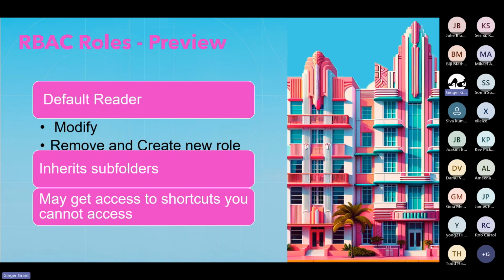And if you have subfolders, it will inherit them. For example, let's say that you're importing data and you have a folder structure of year, month, and day. The security will inherit down to the previous level. That's what I mean when I say it inherits subfolders.